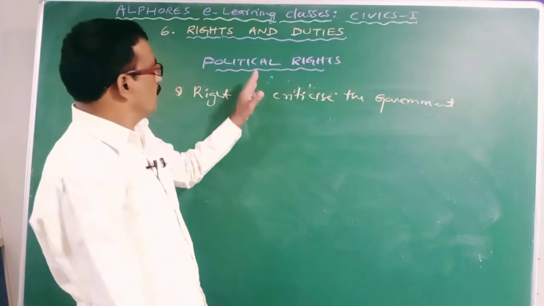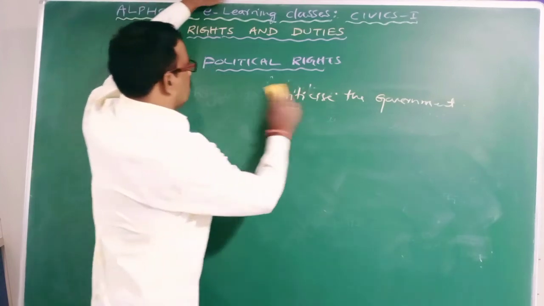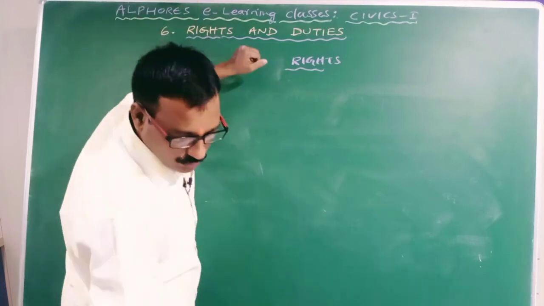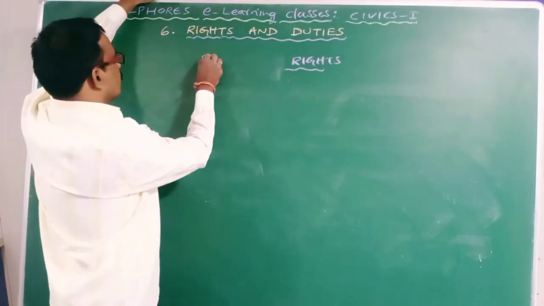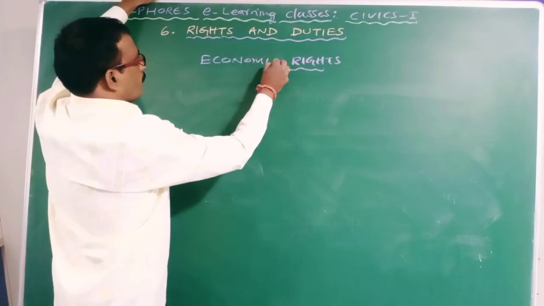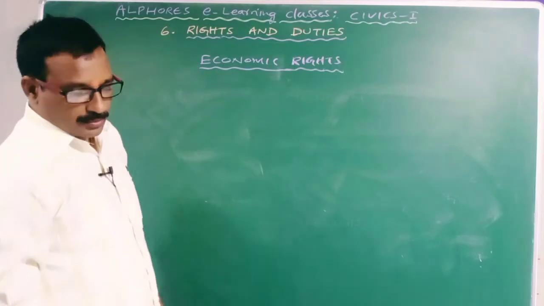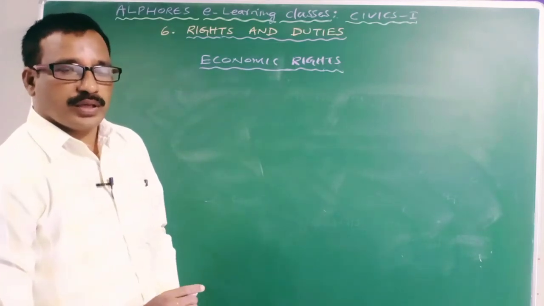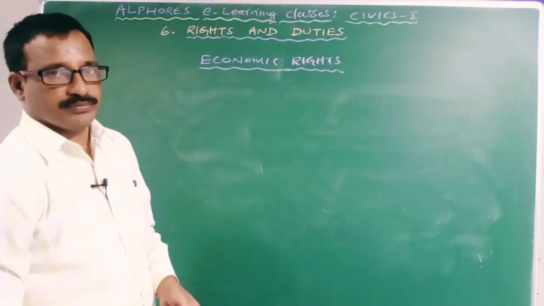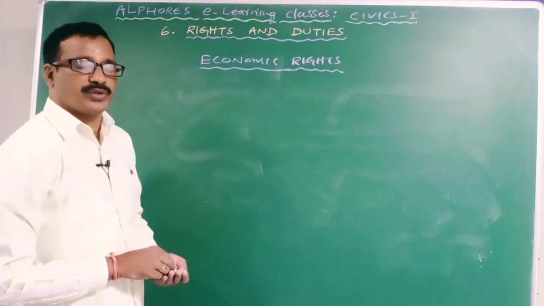So with this, political rights is completed. Next, one more topic is economic rights. Economic rights are also very important for individuals to lead a happy life, because economic rights provide economic security to the individuals.